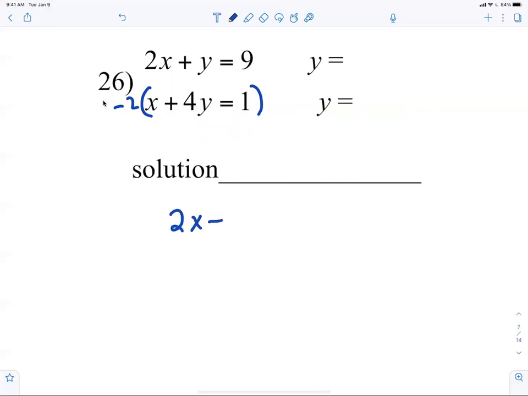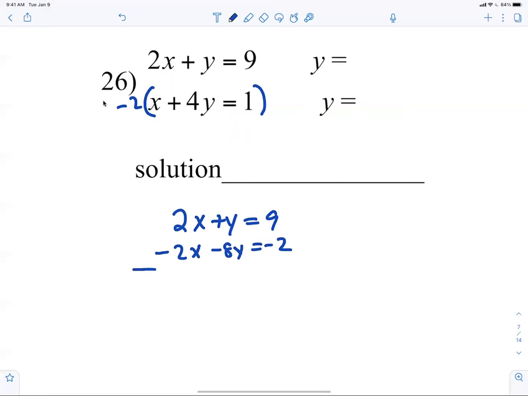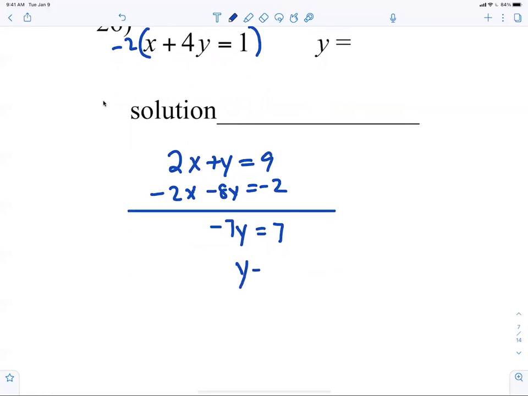So I'm going to write the first equation down. Then I'm going to multiply the second one by -2. And then I ended up with -7y equals 7, right? What does y equal?